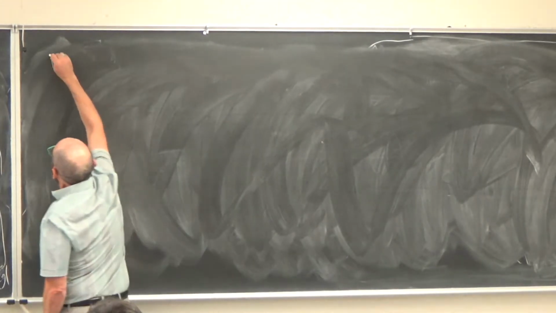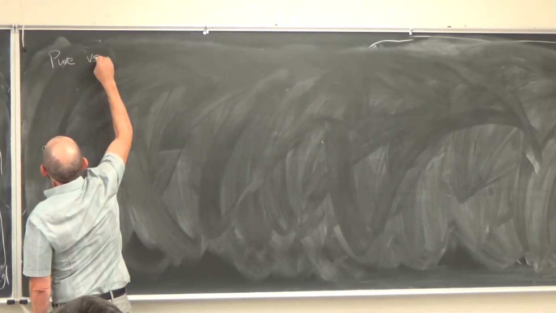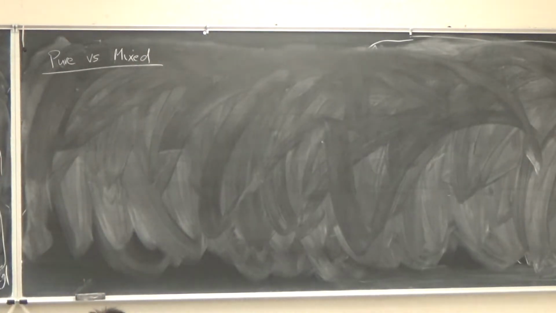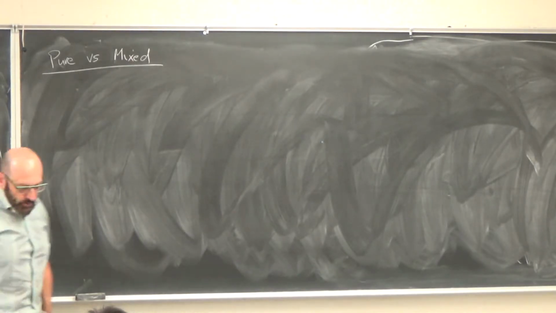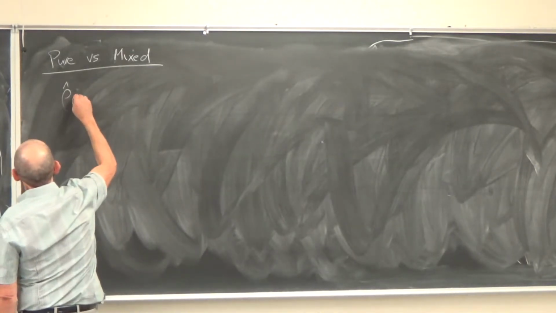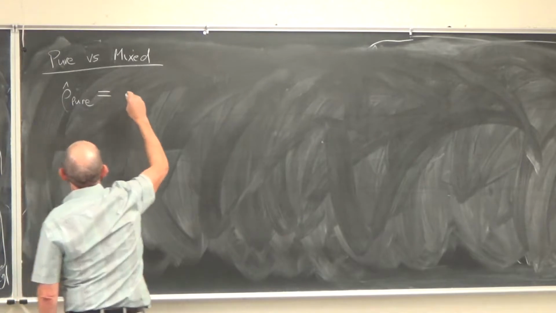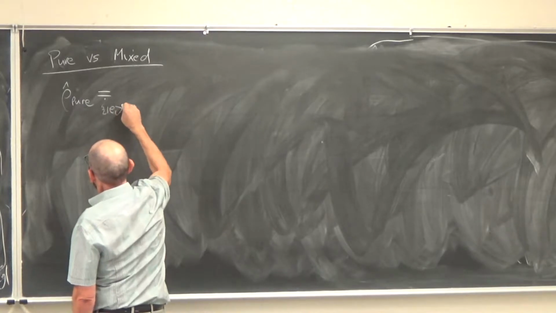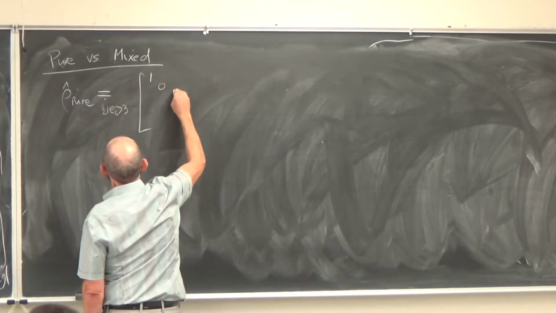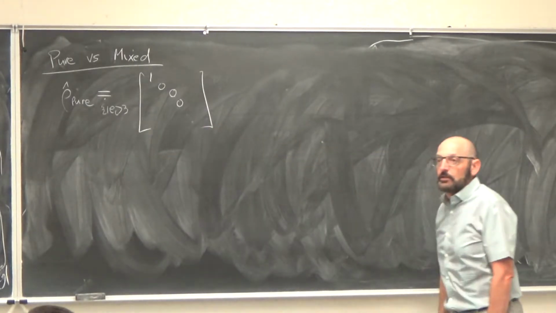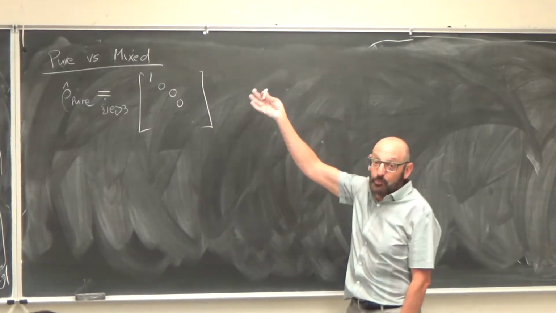Okay. So pure versus mixed. Given a density operator, I should be able to determine whether it is associated with a pure state or a mixed state. If it's a pure state, then in the basis of its eigenvectors, ordered in some way, it's just the projector onto one of those eigenvectors.